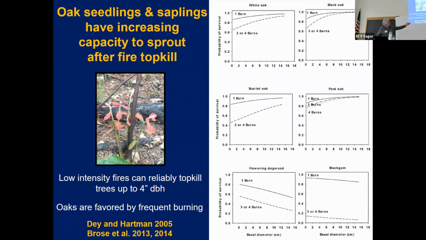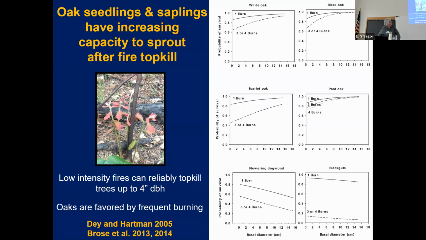But you can see the effect of 3 or 4 burns in 10 years on the competitors. It just about eliminates the black gum, and it really reduces the flowering dogwood. And so you can use this ability of oak to survive and persist in frequent fire regimes to your advantage. But if your oak seedlings are small, they're more vulnerable than if they're larger.